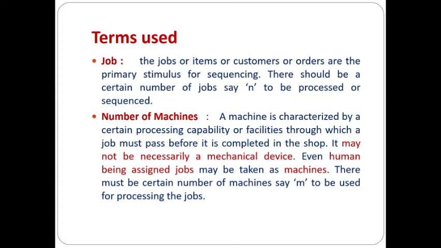A machine is characterized by a certain processing capability or facilities through which a job must pass before it is completed in the shop. It may not necessarily be a mechanical device. Even a human being assigned with jobs may be taken as a machine. There are a certain number of machines, say m, to be used for processing the jobs. So n jobs, m machines.